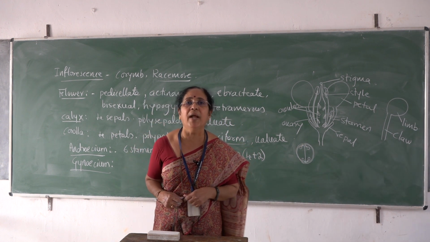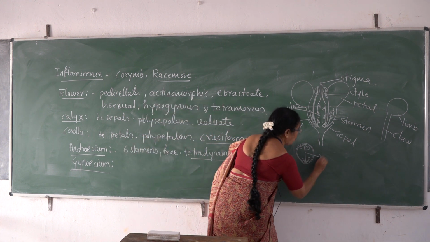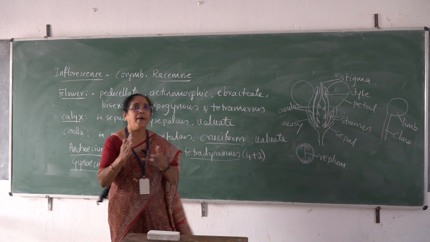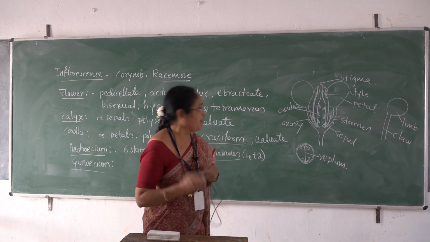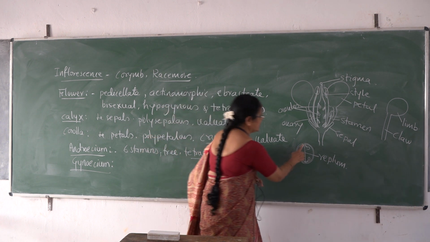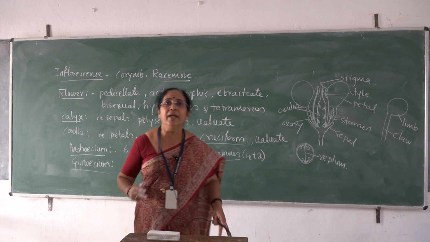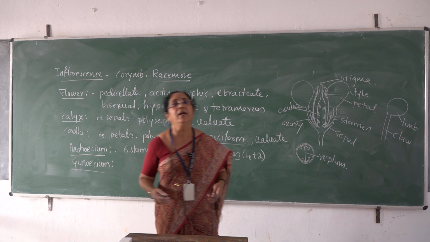Basically it is unilocular, but it becomes bilocular by the development of a false partition wall called the replum. There is a false partition wall which develops at a later stage, and that false partition wall is called the replum.